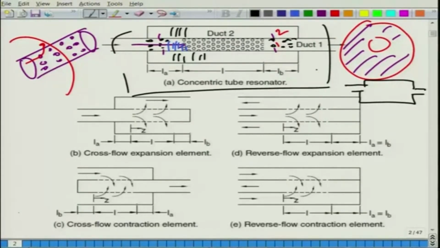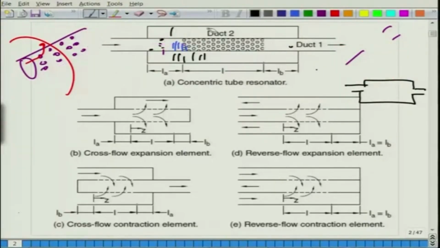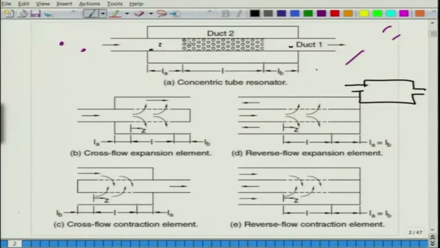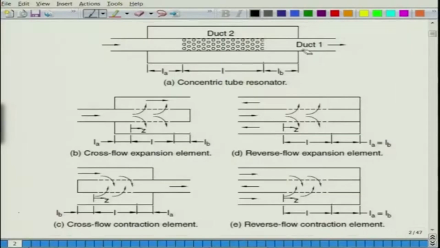Apart from all these, there are other elements also which are shown in these figures. Now, one thing I forgot to mention before: in this configuration that we are seeing here, hang on, here we are seeing that the flow is going like this.